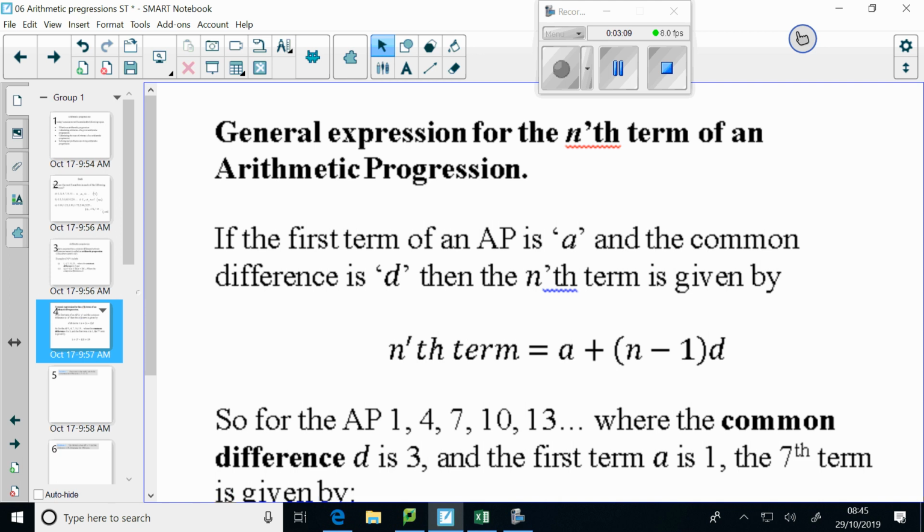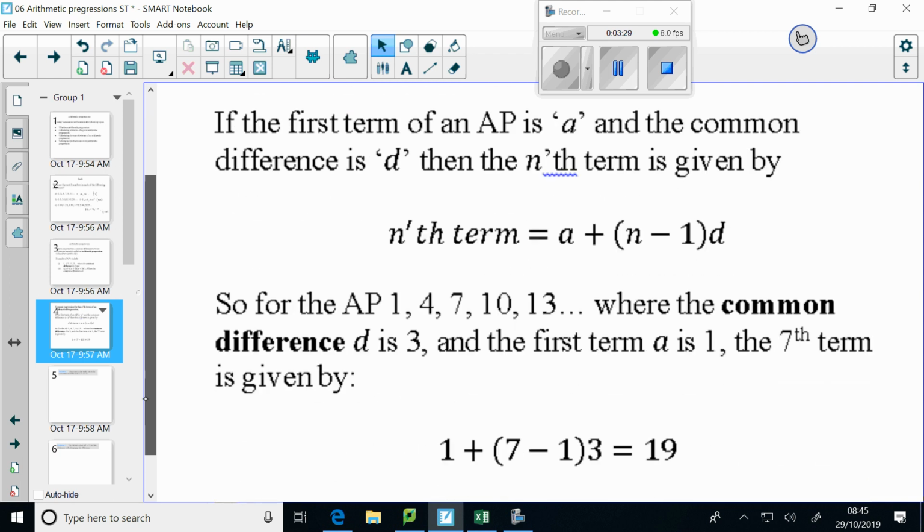Now in your book there's a derivation of that, not particularly difficult. If you're interested, you can find it in there. What I'm interested in is, can we use that to find the nth term of the particular progression? Yeah. So that's the first formula of the day.